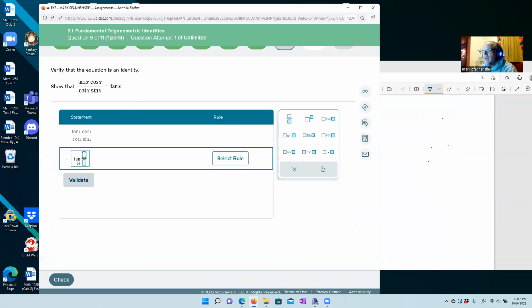So, nope. I don't want a fraction. The first thing I want is tan x over cotangent x. I didn't like that at all.